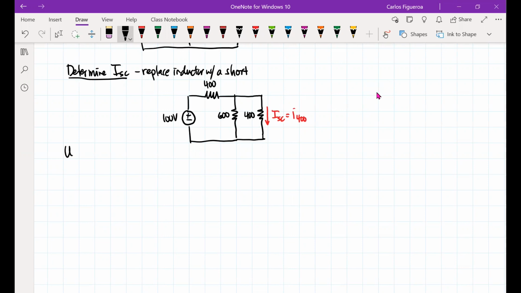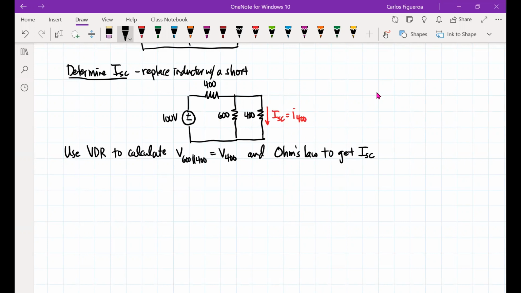So I'm going to use VDR to calculate the voltage that's across the 600 parallel to the 400, but because they're in parallel, that's also the voltage of the 400. And I'm going to use Ohm's law to get I short circuit. So here we go.